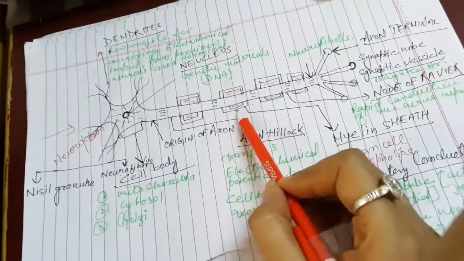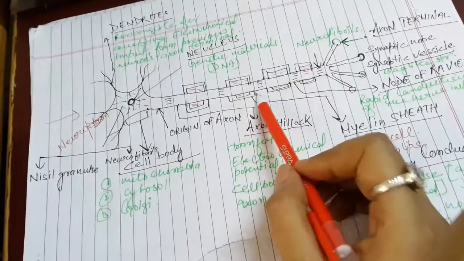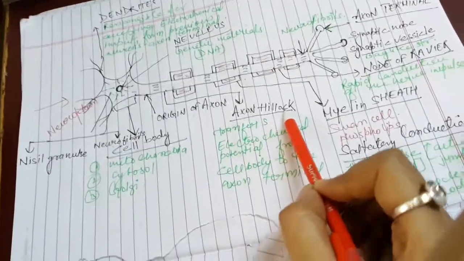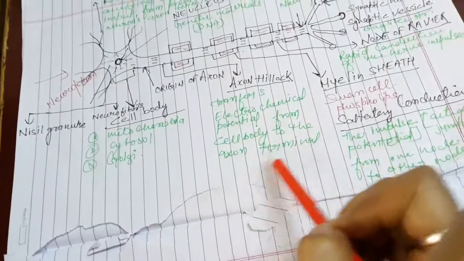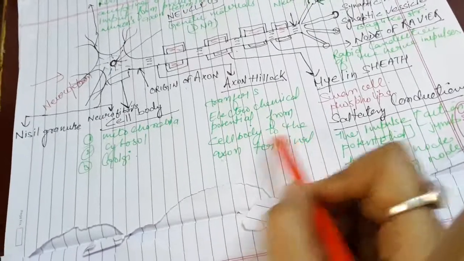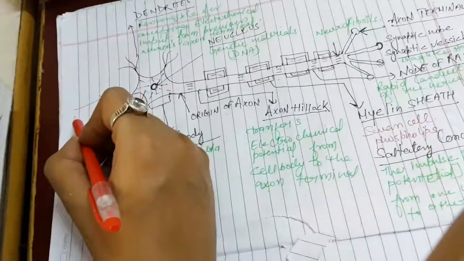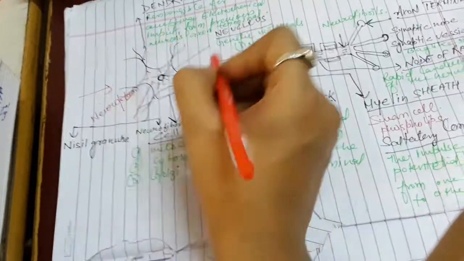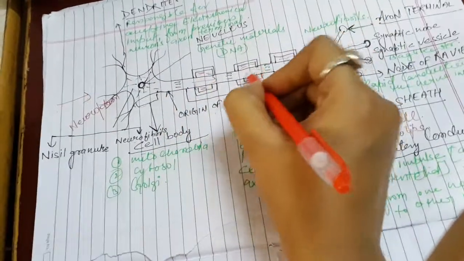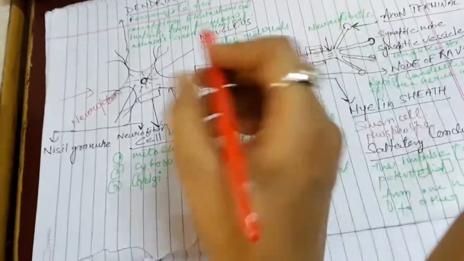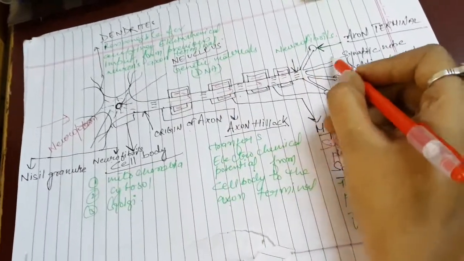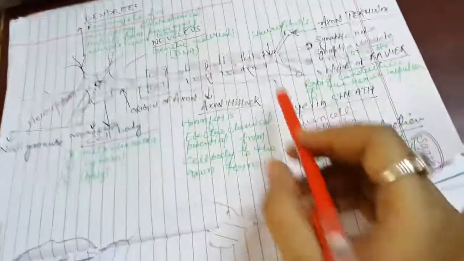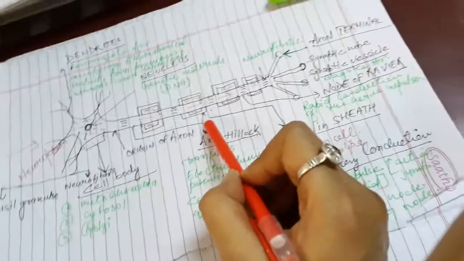Next, here the myelin sheath. Before that there is the axon hillock, which transfers electrochemical potential from the cell body to the axon terminal. Here the dendrite receives the impulses and the axon transfers those impulses to the terminal ends of the neuron. Next, here is the myelin sheath.